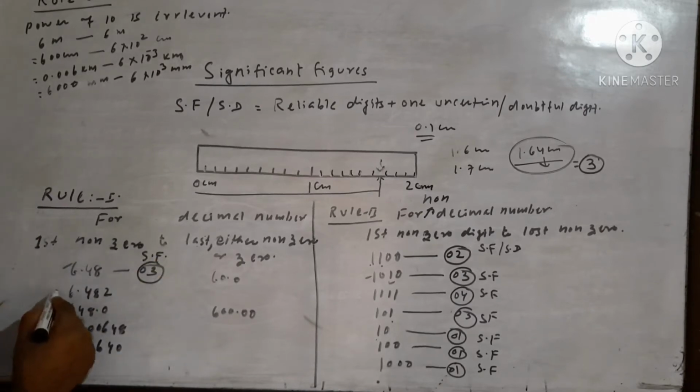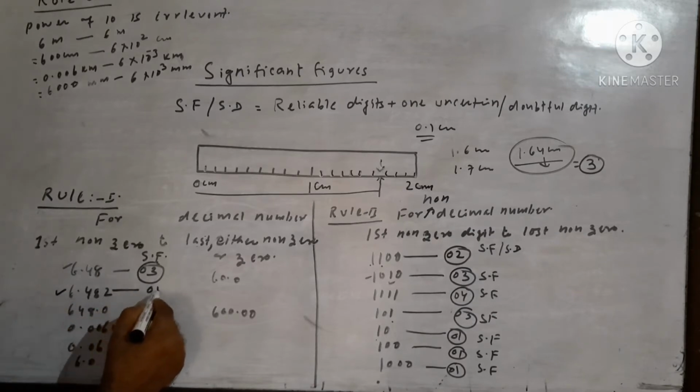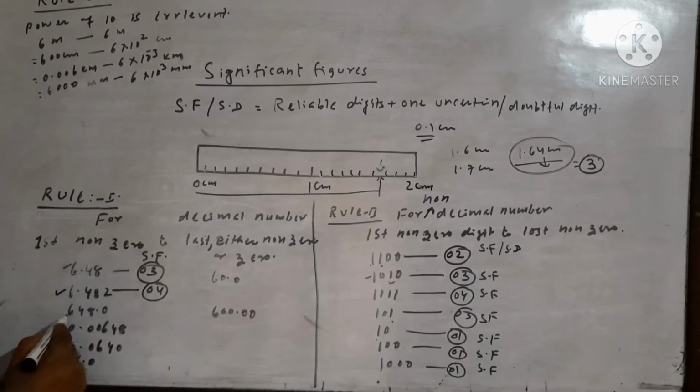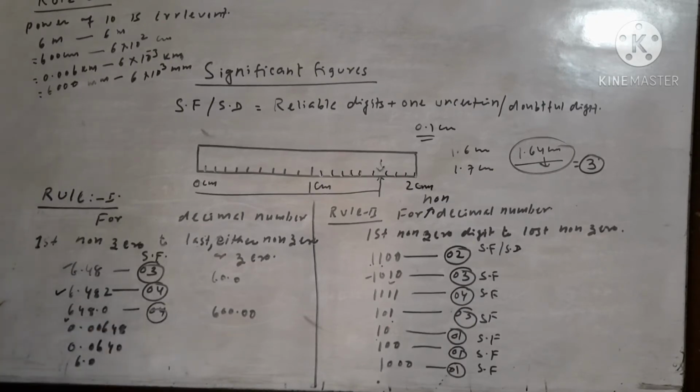Here, first non-zero to last: 1, 2, 3, 4. First non-zero to last: 1, 2, 3, and the last may be zero or non-zero, so 4. First non-zero is 6 and last, either 0 or non-zero, 8, so 1, 2, 3.